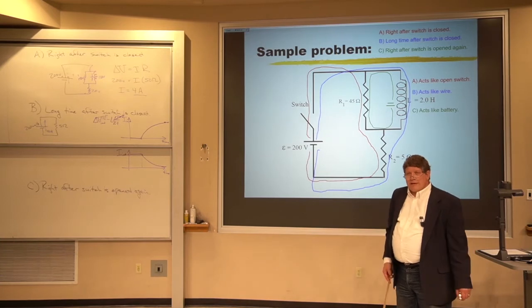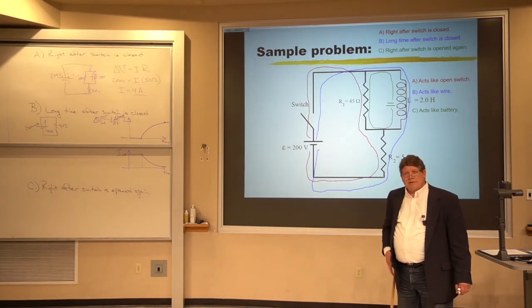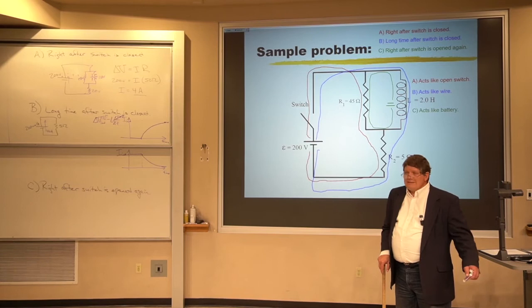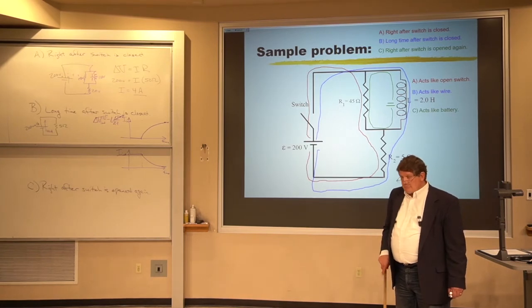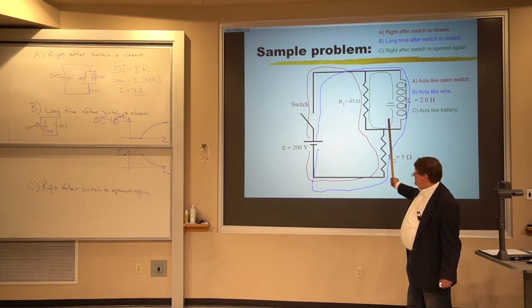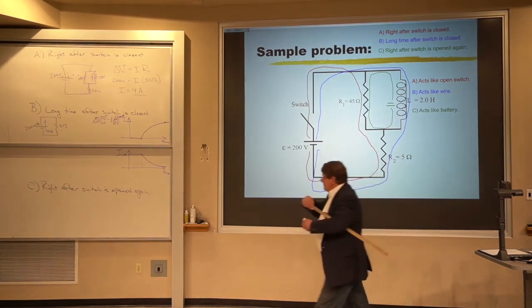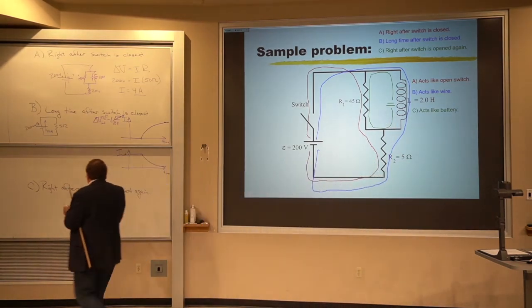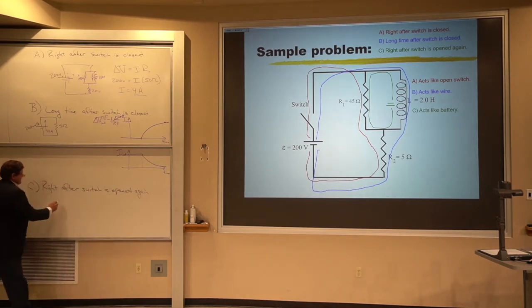If there were 40 amps going down through the inductor right before I open the switch, right after I open the switch, there'll still be 40 amps going down through the inductor. Now, how big of a battery does it have to be?